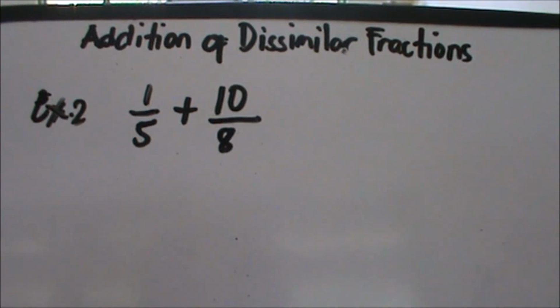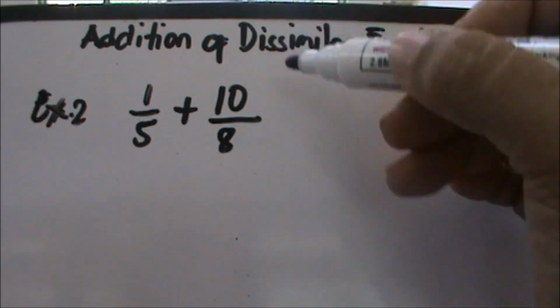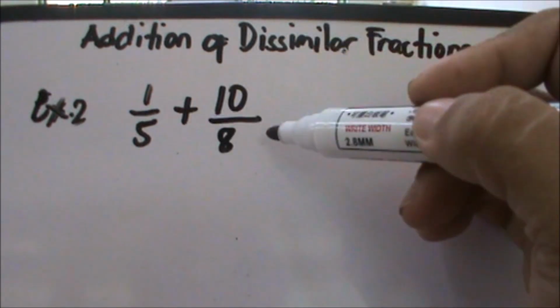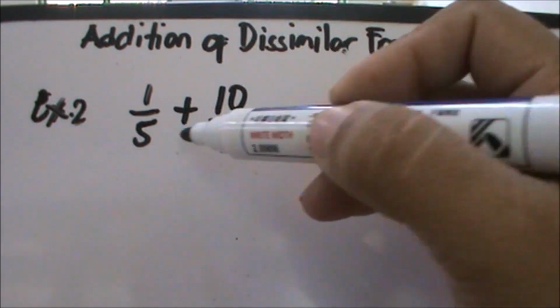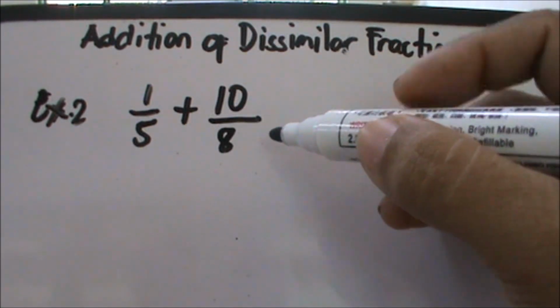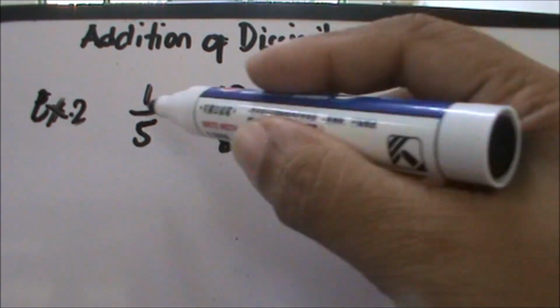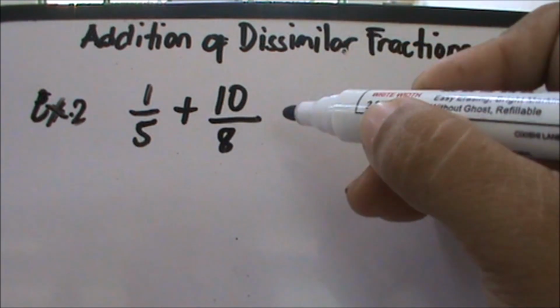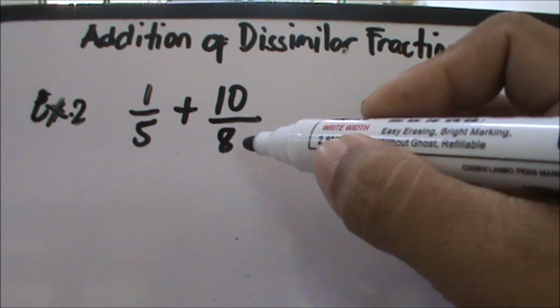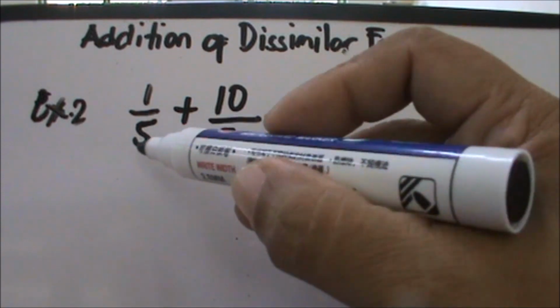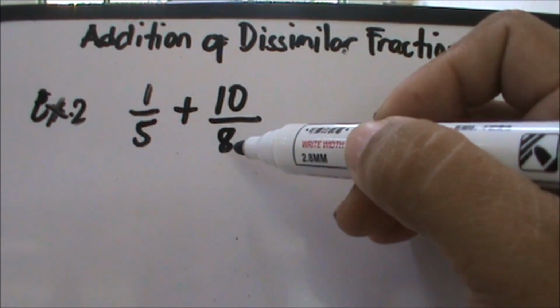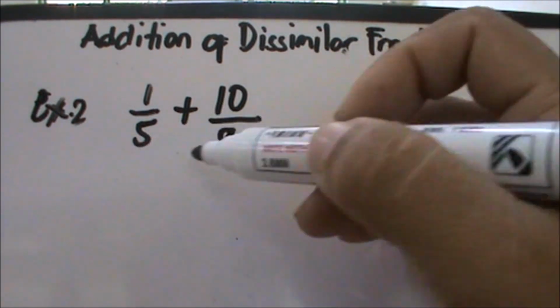Another example, 1/5 plus 10/8. Still, we cannot add these two fractions because they are dissimilar fractions, and we see that their denominators are not the same. So we need to get the least common denominator between 5 and 8.